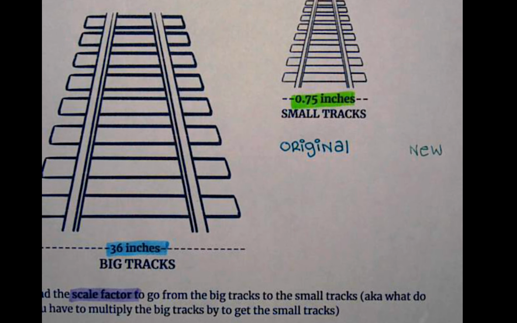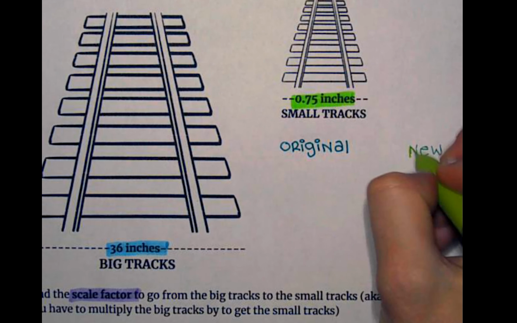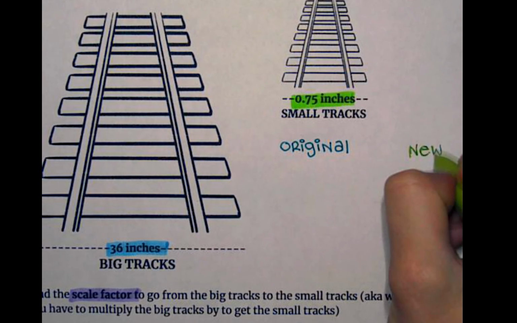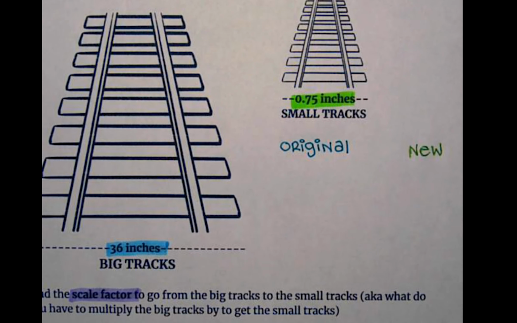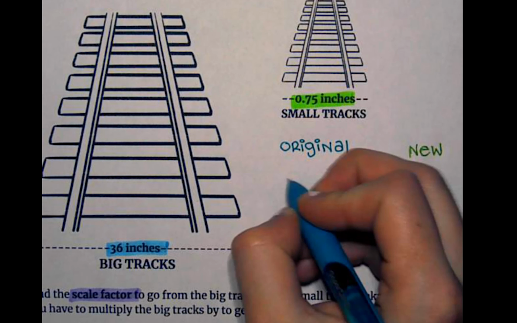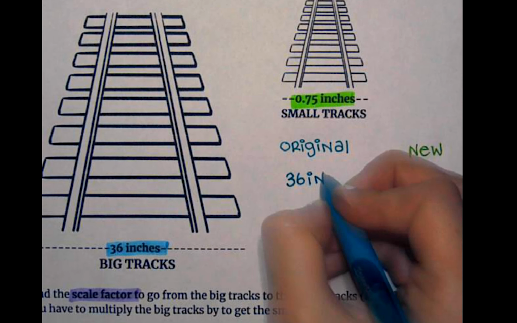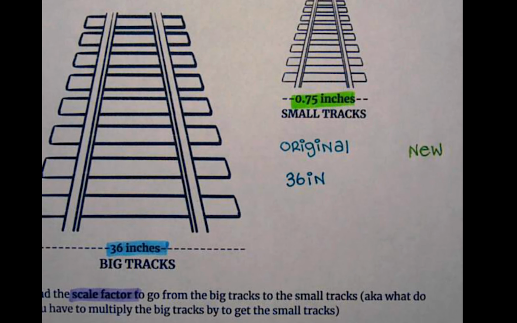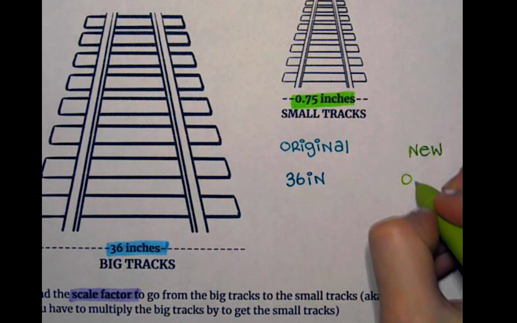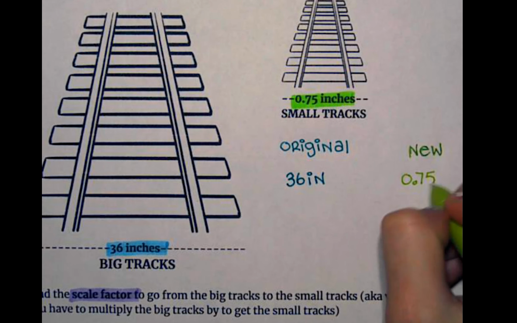In almost every lesson about scale factor, I've shown you this kind of setup, and the reason that I show you it is it's the easiest way to keep track of what you're doing. So we want to find the scale factor, so we'll put our original down as 36 inches, and we will put our new down as 0.75 inches.